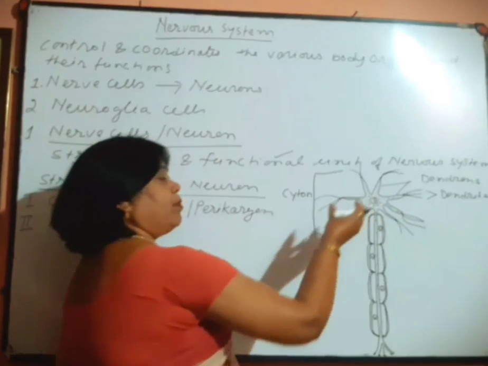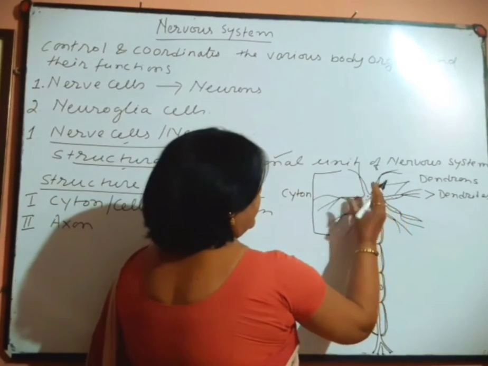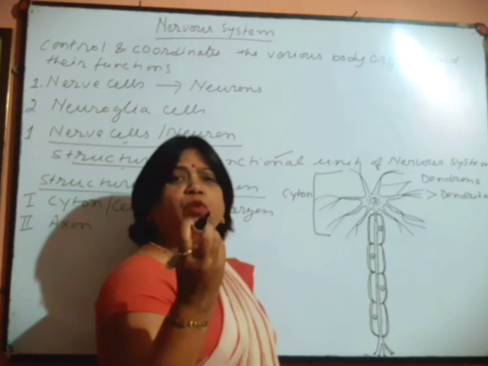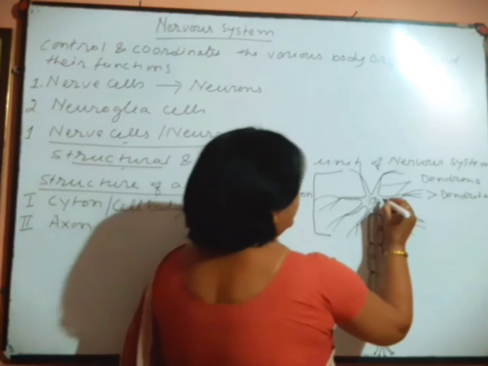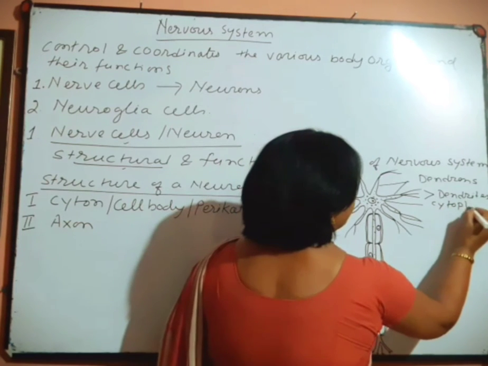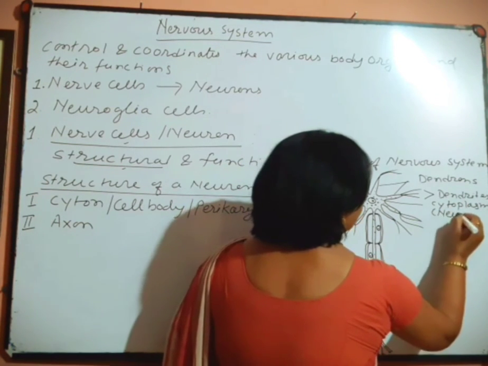The main part of the cytone is a cell, that means the cytone is actually a cell. This part is the cellular part, and its cytoplasm is called the neuroplasm.